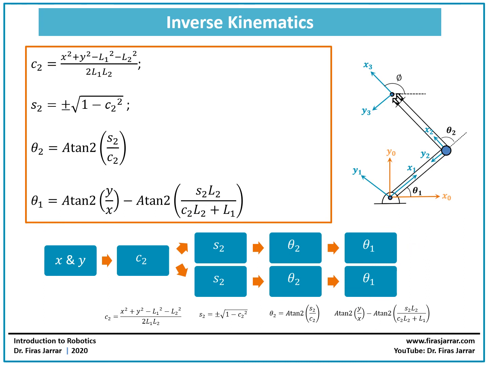Let me try to draw this. So I will have here, let's say L1 should be a straight line as much as possible, and then I will have an L2 here. So this is L1 and this is L2.